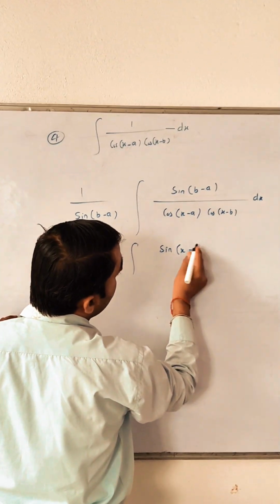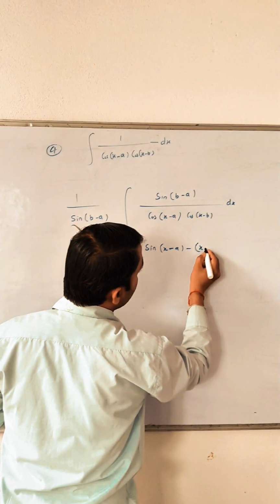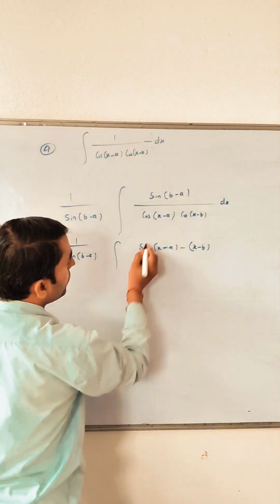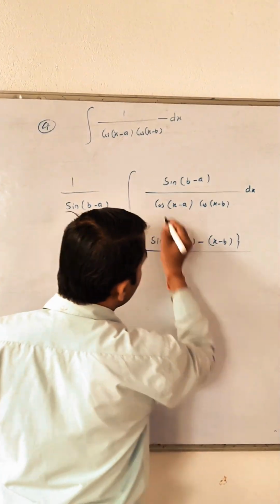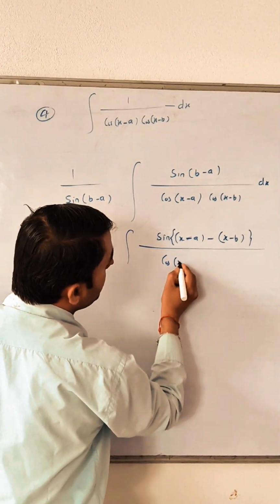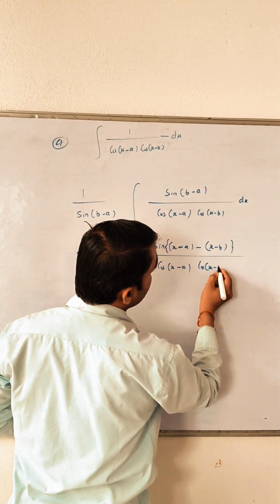Okay, and you have to manage sin(b minus a) here, where b minus a can be written as (x minus a) minus (x minus b).